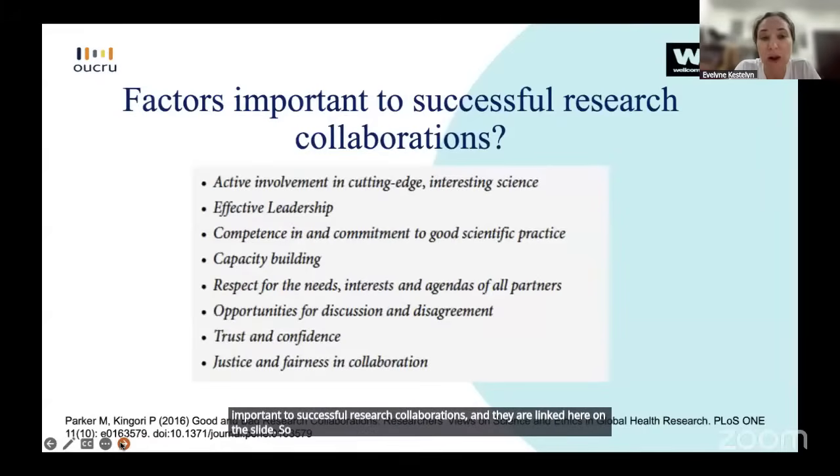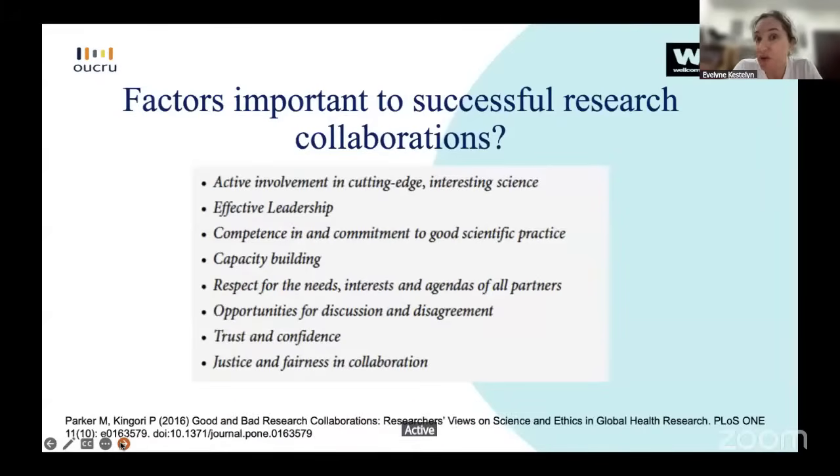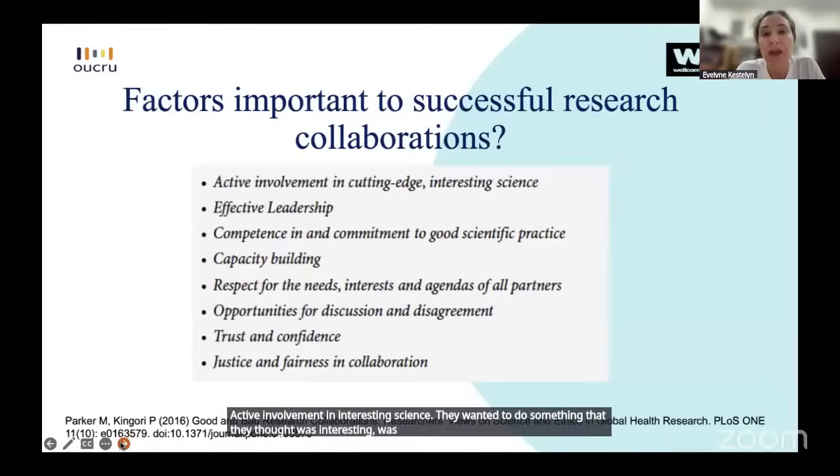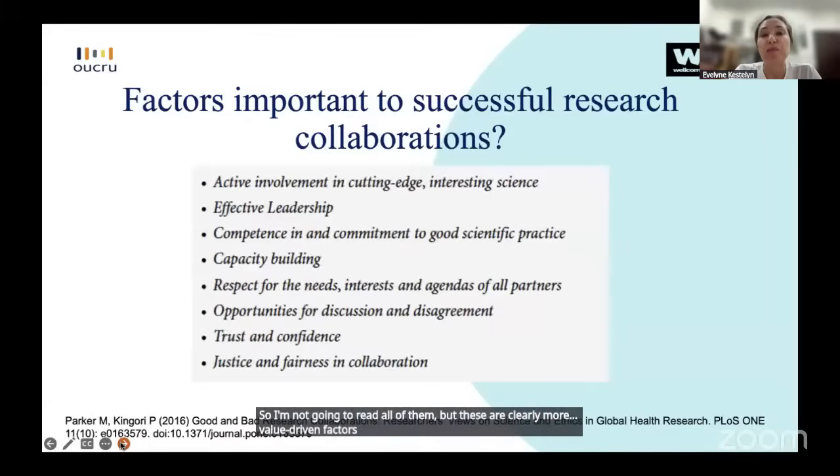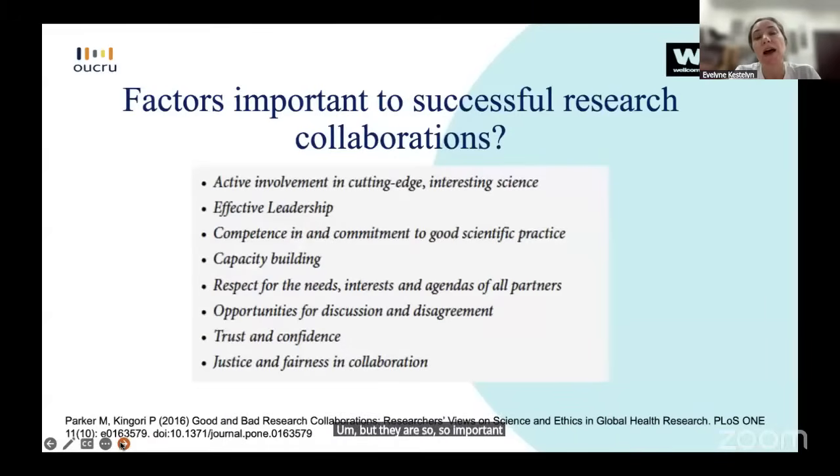So it's things from active involvement in interesting science. They wanted to do something that they thought was interesting, was cutting edge, effective leadership, capacity building, trust and confidence. So I'm not going to read all of them, but these are clearly more value-driven factors that not always align with words like efficiency, cost efficiency, but they are so important when talking about research collaborations.